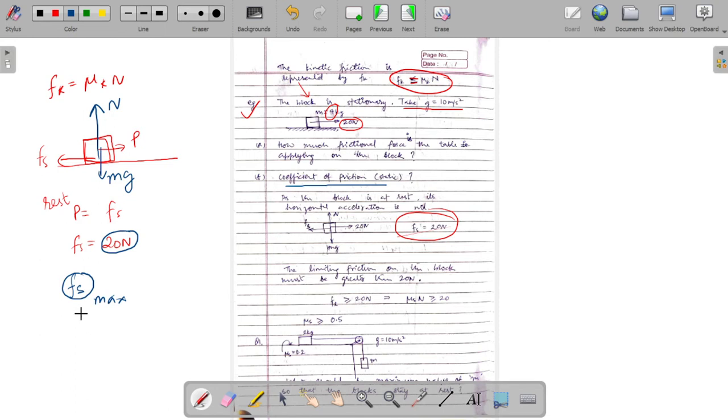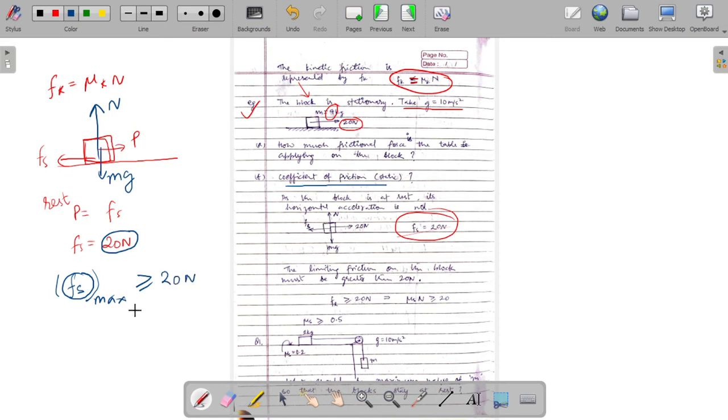That means the static friction value cannot go beneath this 20 Newton force. It must be enough to supply this force to keep it from moving. So the maximum value of the static friction which should be available to us should be more than this value, which is 20 Newton.